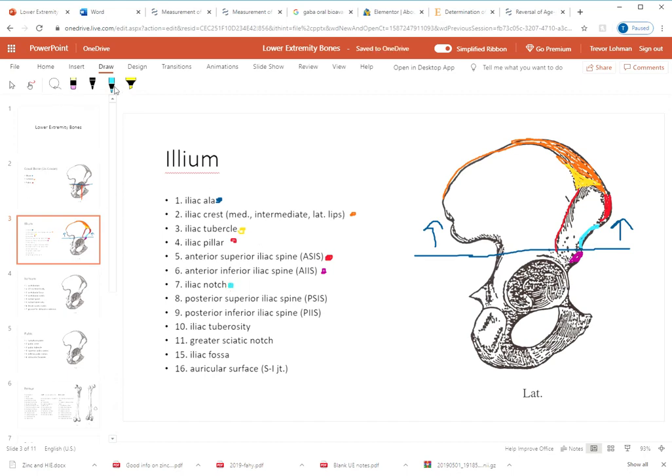All right, so just like we had an ASIS and an AIIS, we have a PSIS and a PIIS. Sorry, the acronyms get a little crazy. So this one here is the posterior superior iliac spine. And the one below it is the posterior inferior iliac spine. Sorry, I keep forgetting the color code.